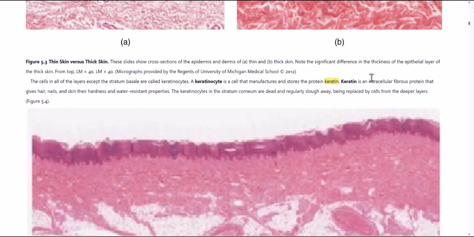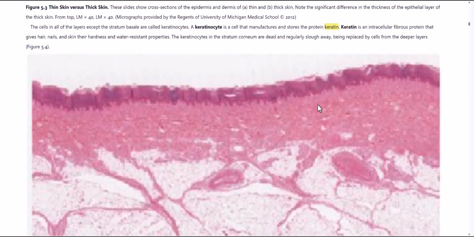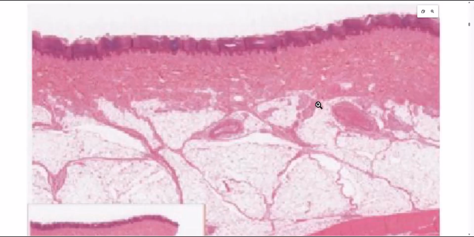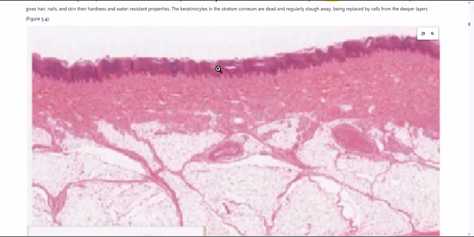The keratinocytes go all the way up to the top layer, and by the time they reach the outside layer are completely dead, have lost their nucleus, and again are sloughing away all day long. So we take a look at this image. The layers are very distinctive. We can see the dark pink at the top. This is the epidermis. That's going to include all of those layers.